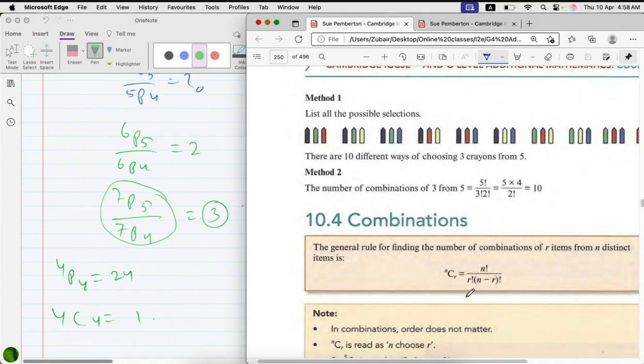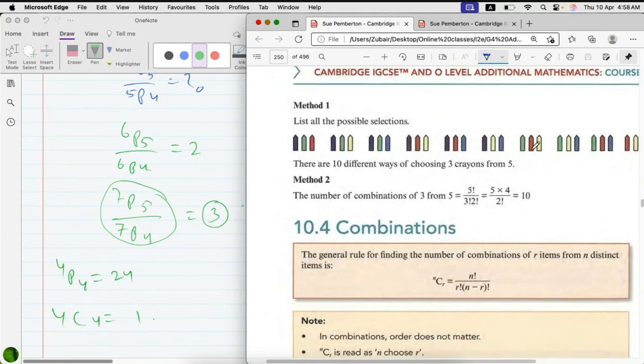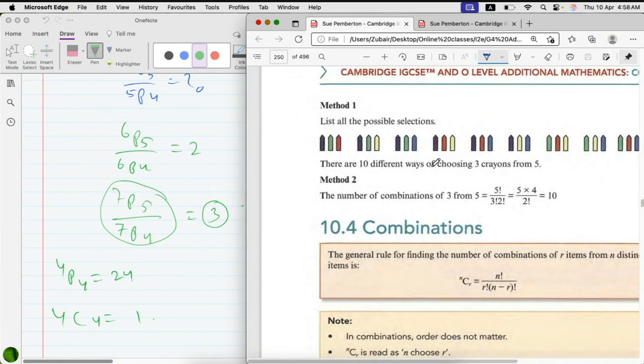So we just had those colors and we made all this selection. So order does not matter. This is like yellow, red, and violet. We don't have it in a different order, like yellow placed somewhere else, red placed somewhere else. So we only have these different choices. So these are 10 options.